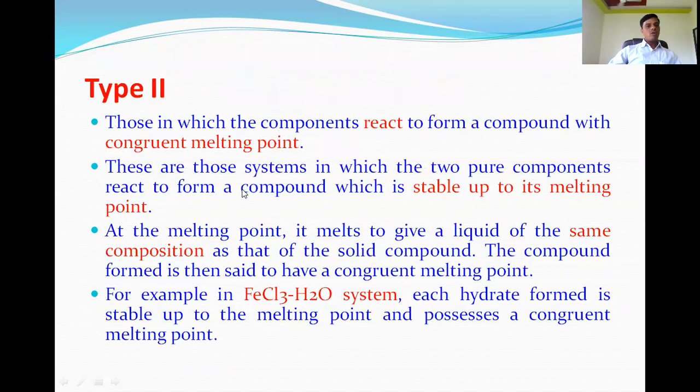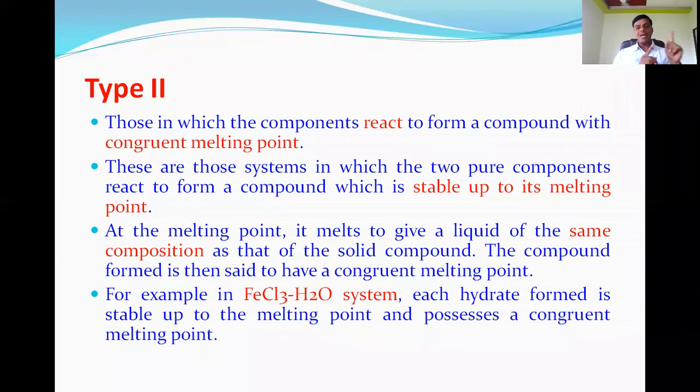Moving to the second type, in this type the two components react with each other chemically, and they form a new compound, a third compound. Initially, before mixing them together, they are two independent components. But as soon as they mix together in their molten form, they react chemically with each other to form a third compound.